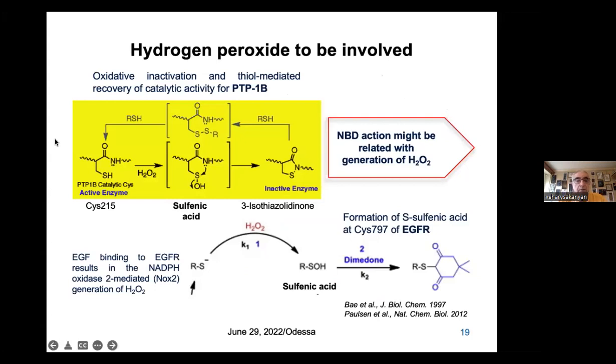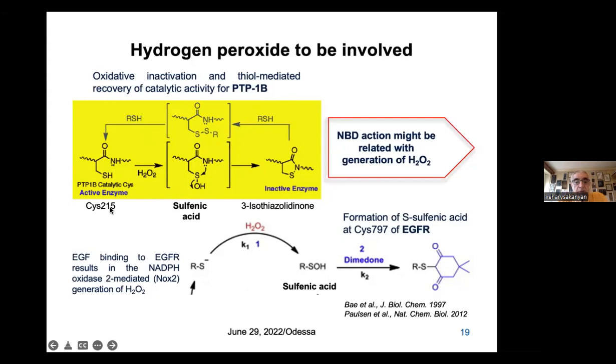Here, there was already an explanation of the activation mechanism of PTP1B by hydrogen peroxide. Here we can see that in the case of PTP1B, we observed the formation of sulfonic acid in the structure of this phosphatase.